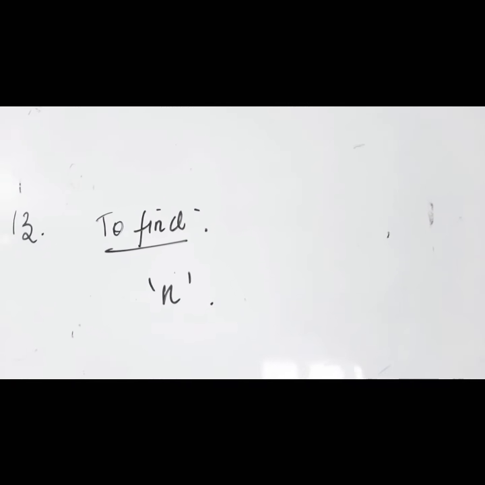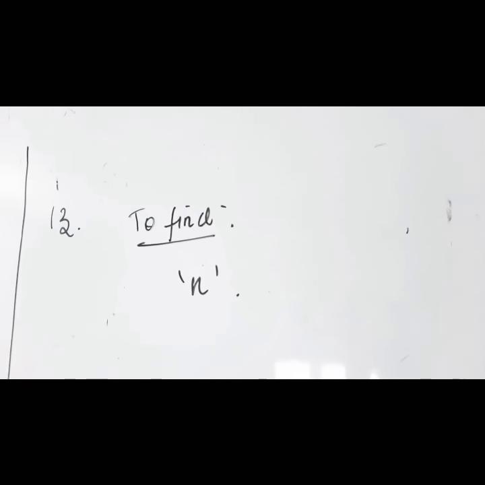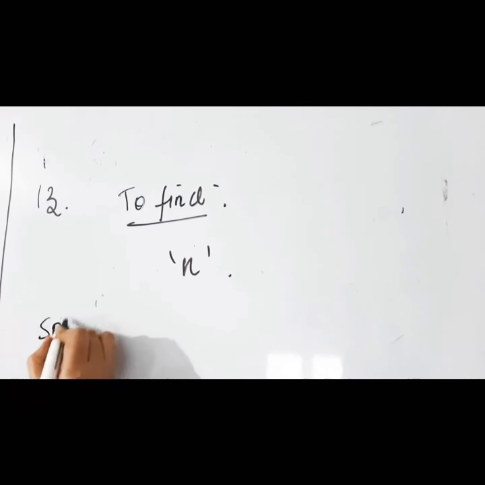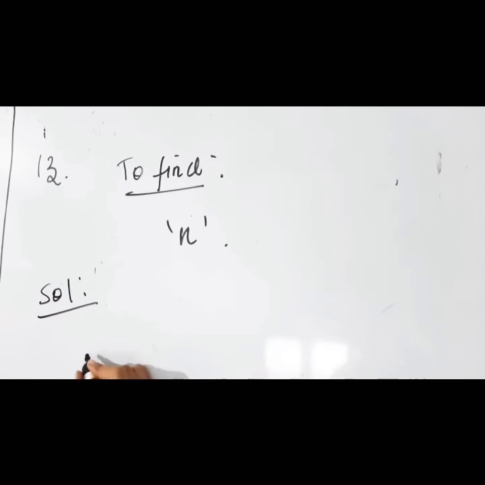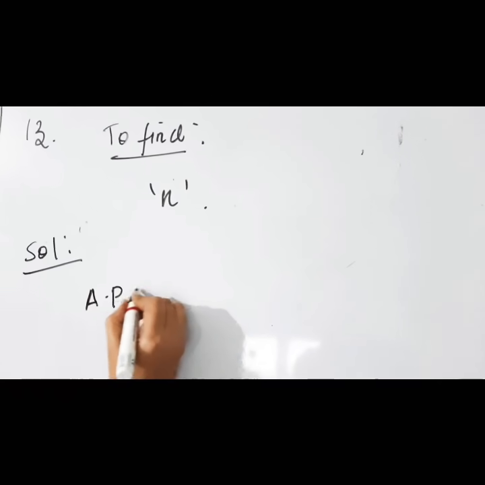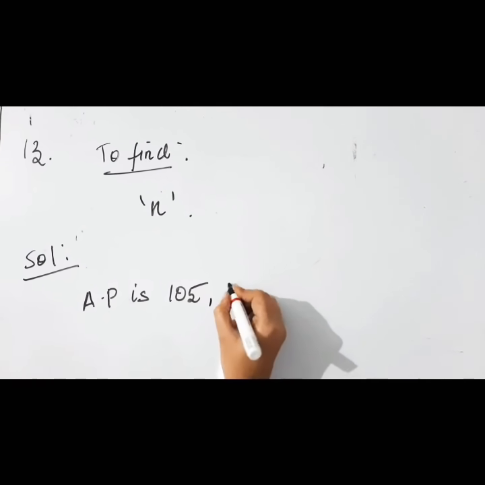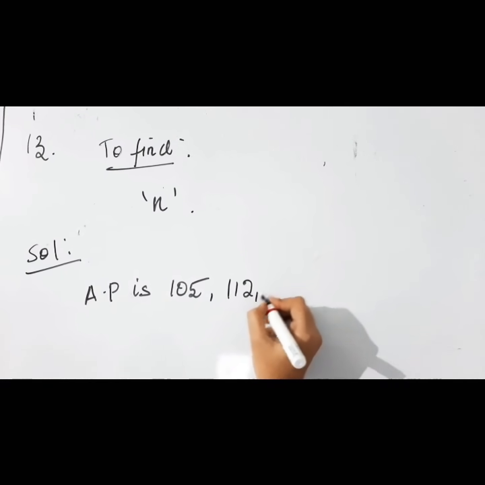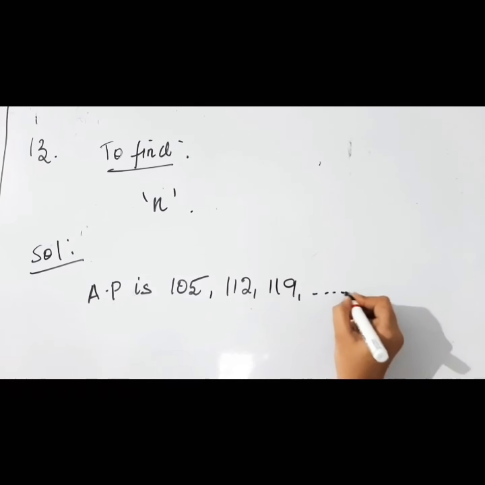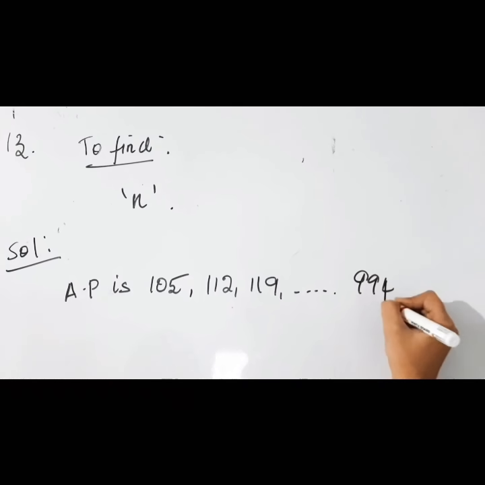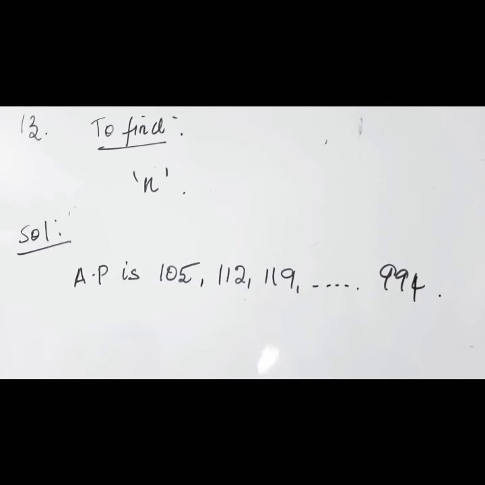So in this sum, we want to find n, and we framed the AP by the condition of 3-digit multiples of 7. The AP is 105, 112, 119, and the last term of your AP is 994.